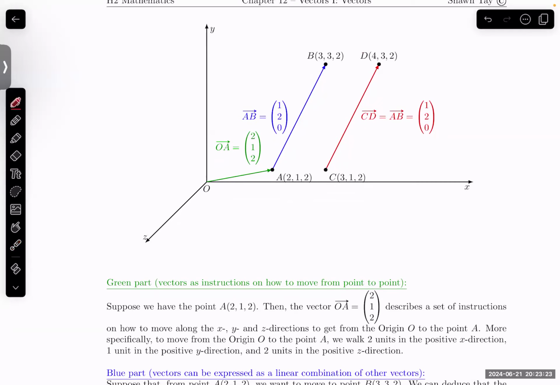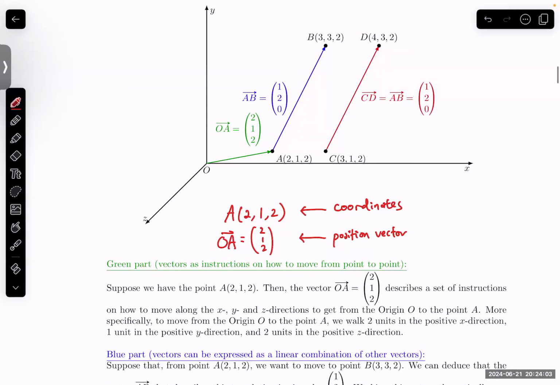Okay, so be careful of things like, for example, A (2, 1, 2), this is coordinates. Okay, these are coordinates, right? Vector OA, which is equal to this, we write it as a column vector usually, so like this. This is a position vector. A position vector essentially is just how to get to this point A from our origin, from our reference point, okay?